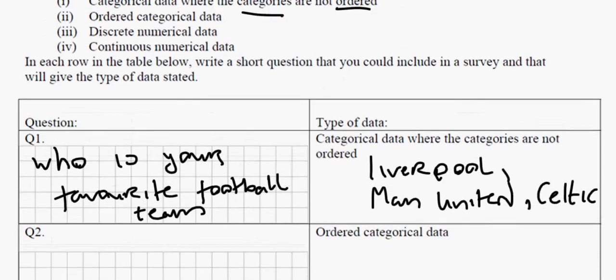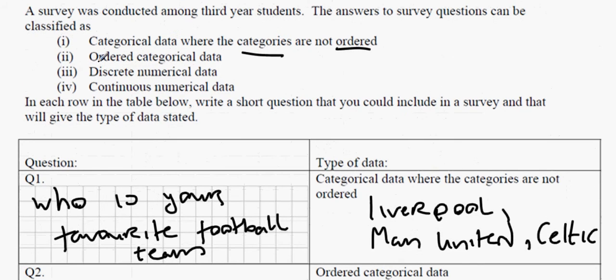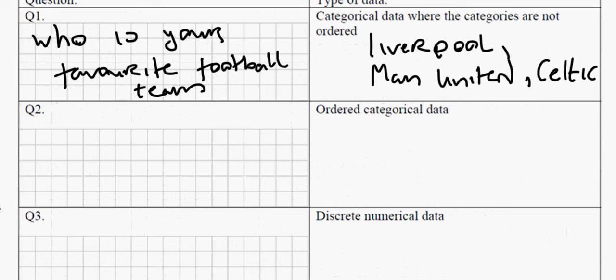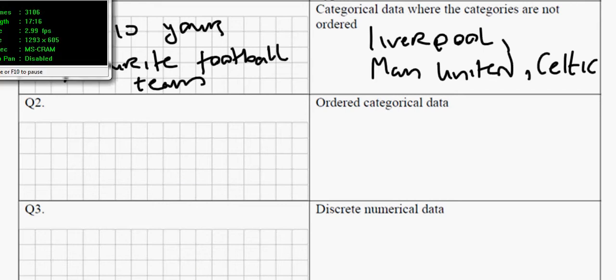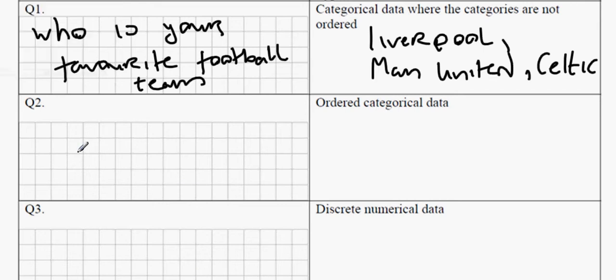Now, if you want ordered categorical data, once again it has to be in categories, okay? So an example would be, what type of house do you live in? Now what type of house is a category.